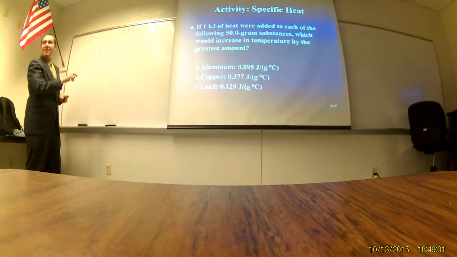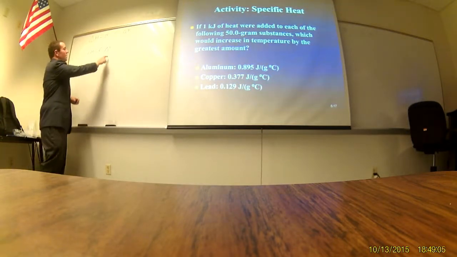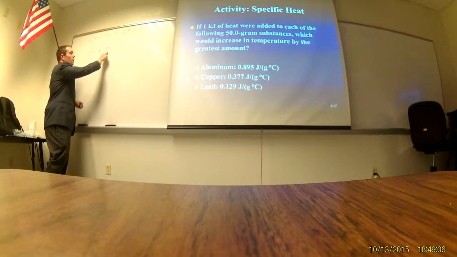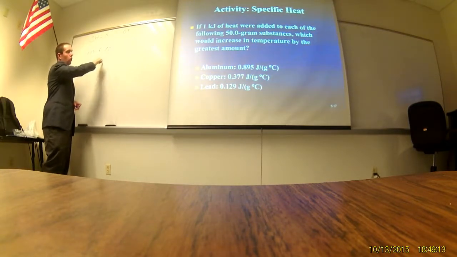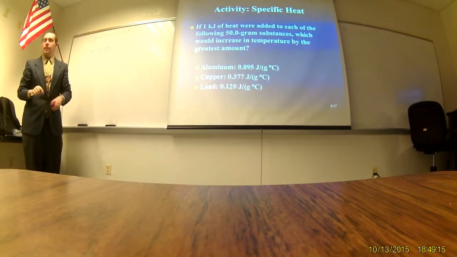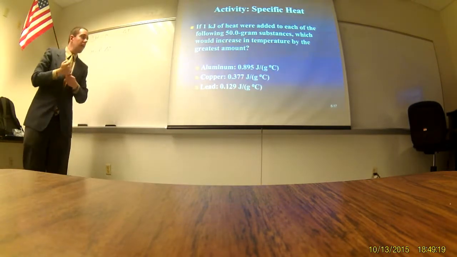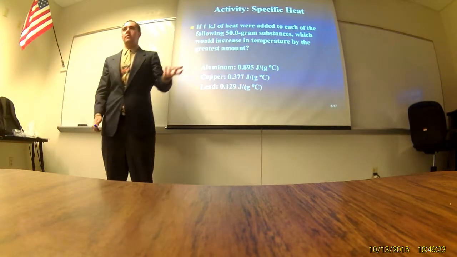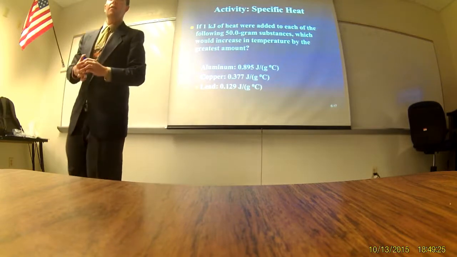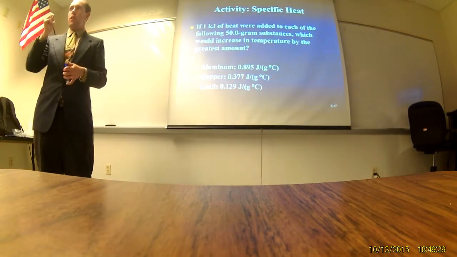Can we not use the letters for a second? If you have a high delta T, you're going to have a low C. A high C would give you a low delta T. That's the math way of looking at it. You can think of specific heat as like the cost. How much energy does it cost to make the temperature go up?